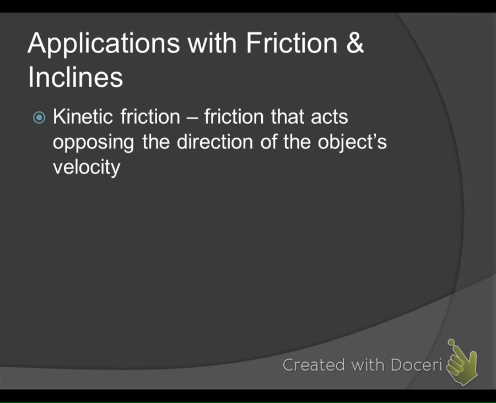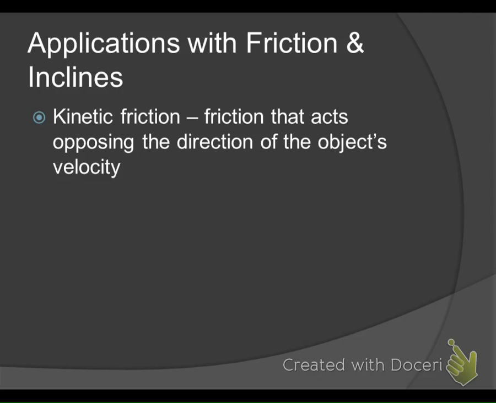We know friction in general acts in opposition to the object's velocity, right? It acts opposing the direction of the object's velocity. We know from drawing free body diagrams that friction goes opposite the direction of the applied force. Can you tell me what the word kinetic means?